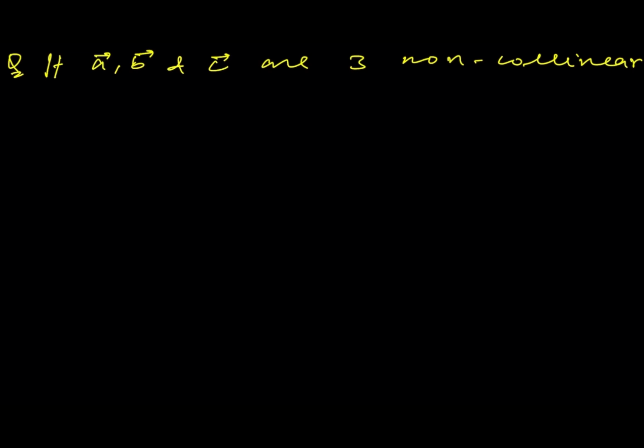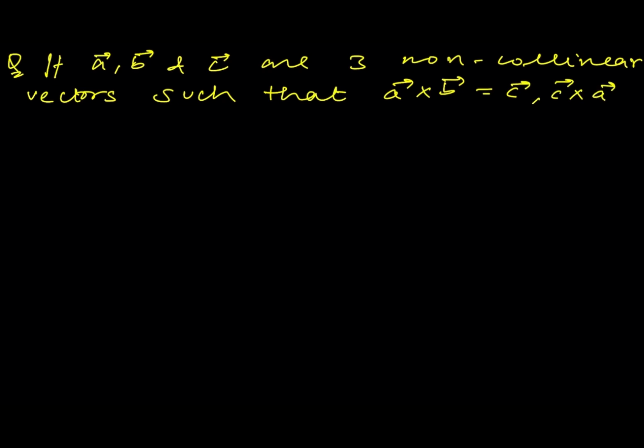Question is, if A vector, B vector and C vector are three non-collinear vectors such that A cross B is equal to C vector, C cross A is equal to B vector, B cross C is equal to A vector.